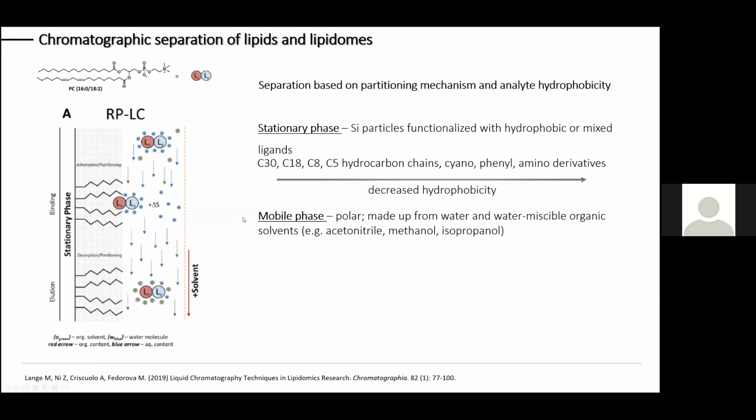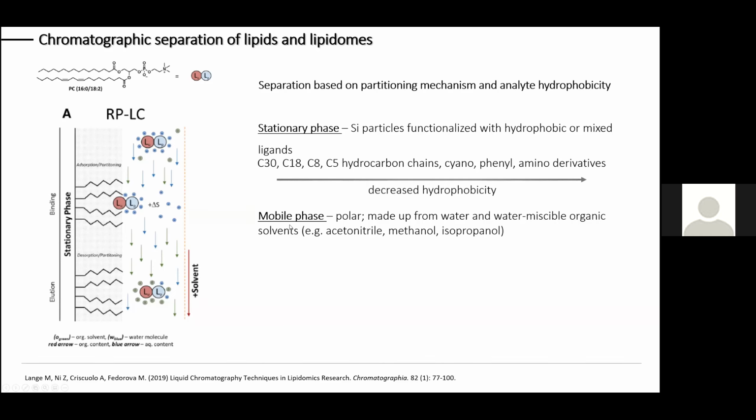chromatography techniques for lipidomics. Just to give you a brief idea about reverse phase chromatography, separation is based on partitioning and analyte hydrophobicity. We have different types of stationary phases where silica particles are functionalized with usually hydrophobic ligands. For sure you have heard of C18, C8, C30 chromatography columns.